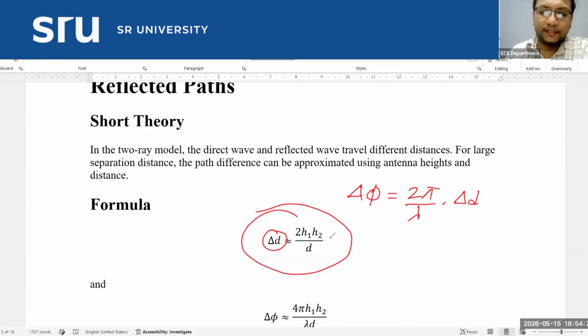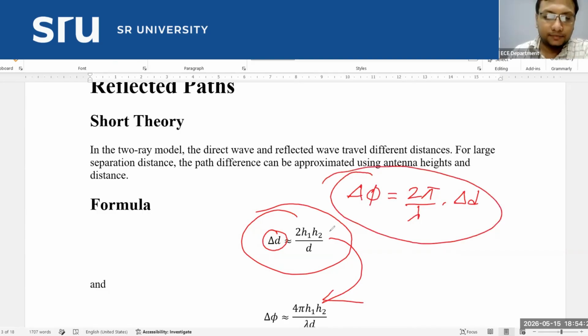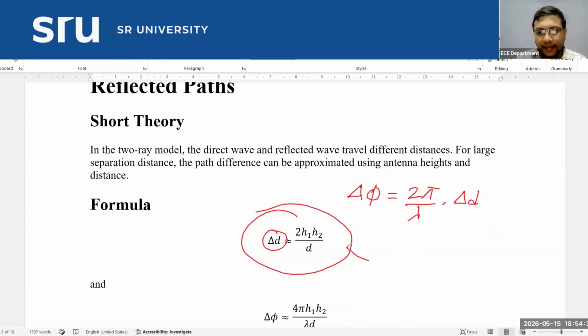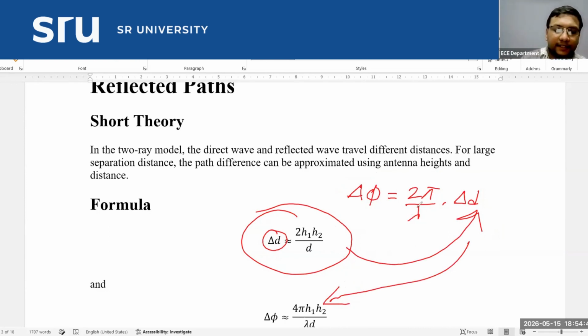If I replace this value in this equation, simply putting delta d here, then we get the expression del phi equal to 4 pi h1 h2 divided by lambda d. So very simple equations. Now what is h1?